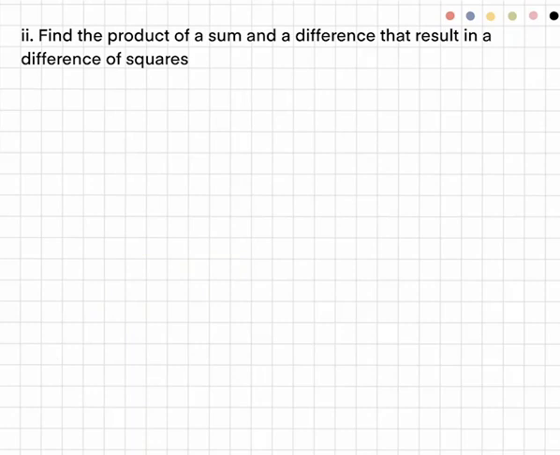Okay, so moving on to our second learning goal, we are going to find the product of a sum and a difference that results in a difference of squares. Product of a sum and a difference.